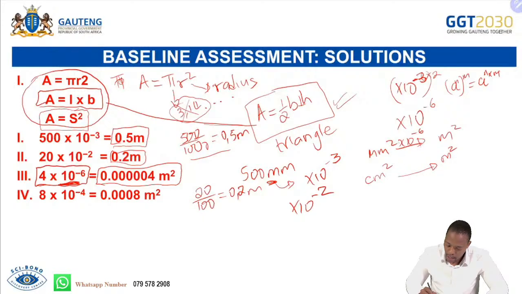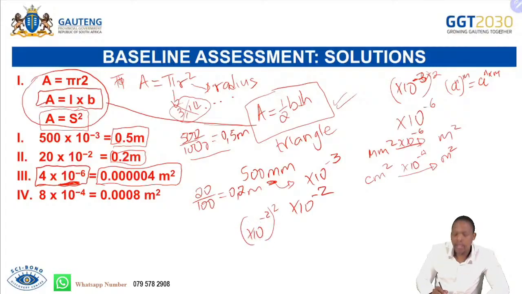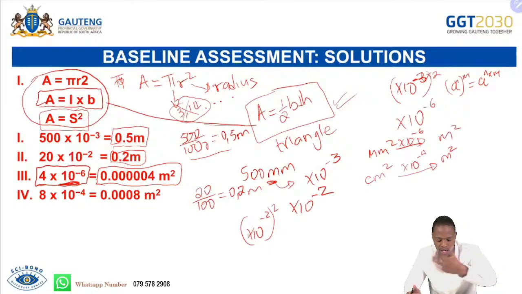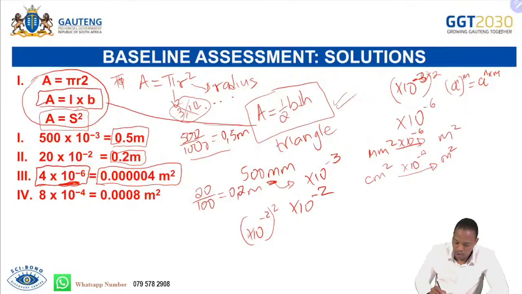I must multiply whatever the number is by 10 to the power of minus 4. Why minus 4? We are going from centi, which was 10 to the power of minus 2. But remember, I am squaring that centi, because the area is always squared, right? It's a side squared. This side times this side. You're always squaring when you are calculating area.